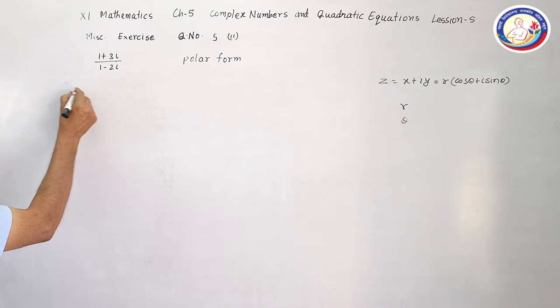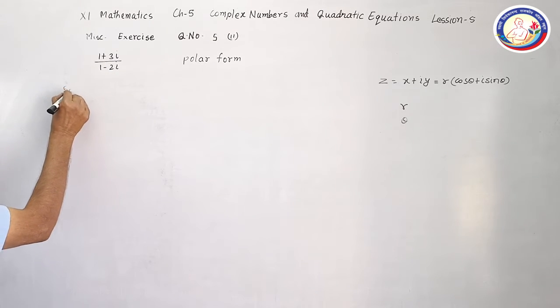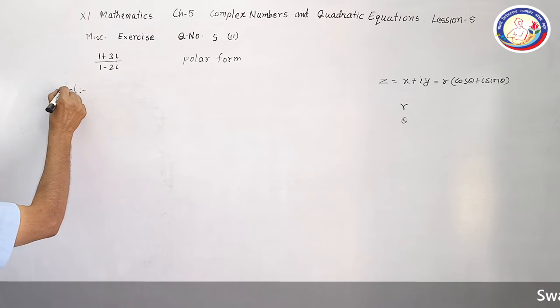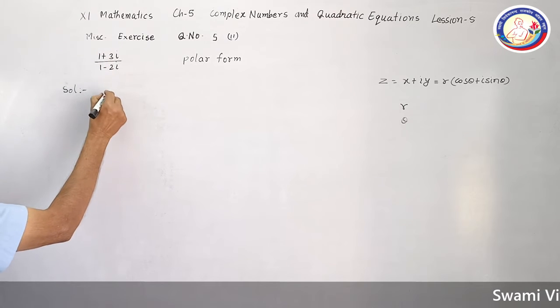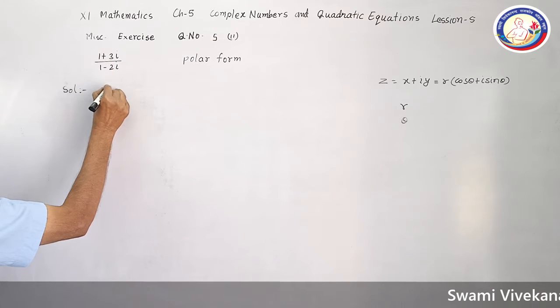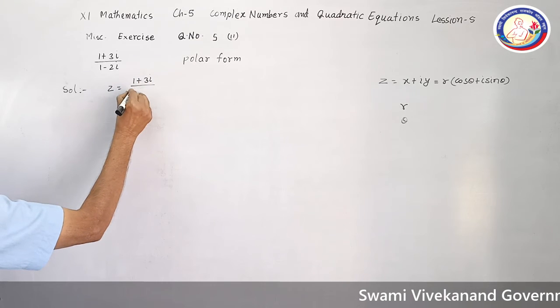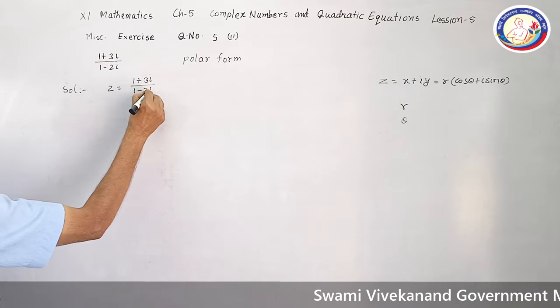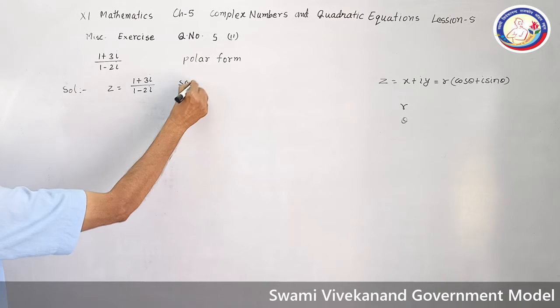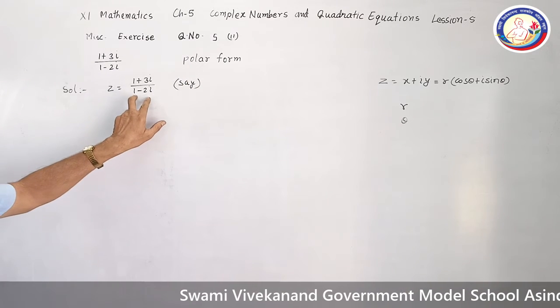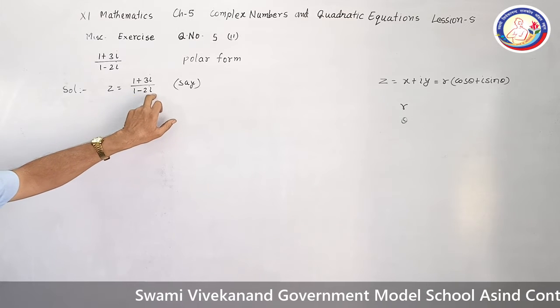I am explaining it. Solution: for solution, we will take this number z equal to 1 plus 3 iota divided by 1 minus 2 iota, say. Now here in the denominator we have 1 minus 2 iota.